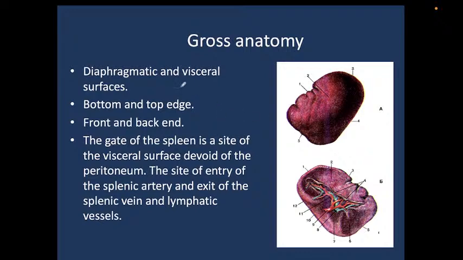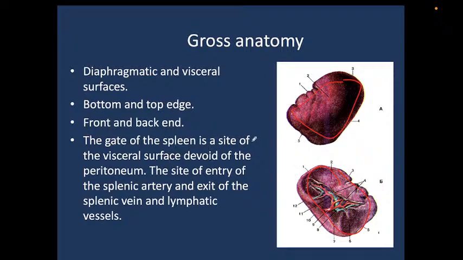Gross anatomy of this organ: the spleen has diaphragmatic and visceral surfaces. The smooth surface is close to the diaphragm, under the diaphragm. The surface of the spleen that touches the stomach and other organs is called visceral.